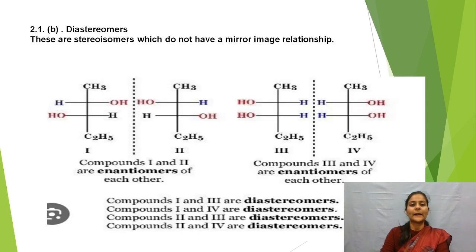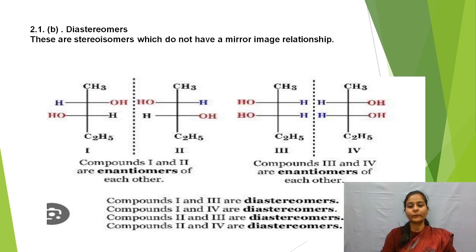diastereomers. Diastereomers are also a type of stereoisomerism, but there is no mirror image relationship among each other. As in the example, you can see the first compound and second compound are non-superimposable mirror images of each other. So I can say that first and second compound are enantiomers of each other.